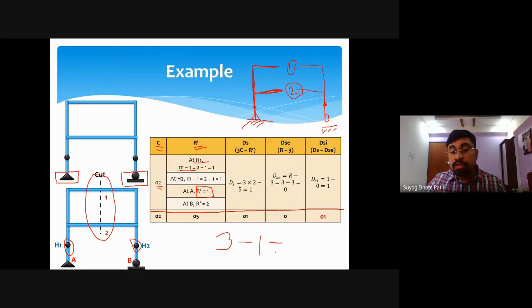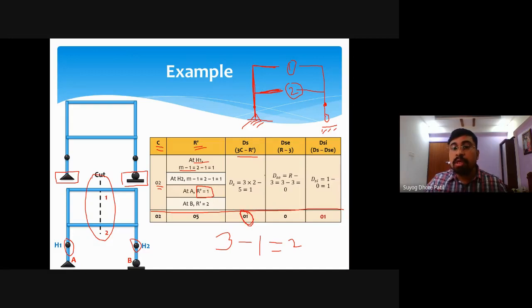Therefore the r dash value will be 2 at B. Now simply sum these: 1 plus 1 plus 1 plus 2, so total is 5, or 3 plus 2, it is 5. So the value of C and the value of r dash are there. Simply we put the values in the formula 3C minus r dash, and we get the degree of indeterminacy. So this structure has 1 degree of indeterminacy.